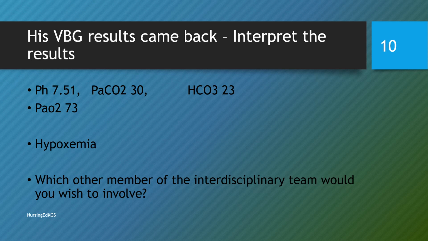The pH is 7.51, which is higher than the upper normal limit of 7.45. So we have a pH that's quite basic or alkaline. And then we have a PaCO2 of 30, which is low, and a bicarb of 23, which is normal. Now, this tells us that there is no compensation going on from those kidneys.